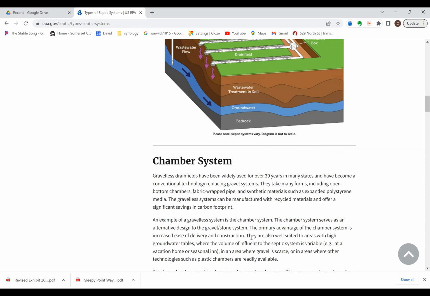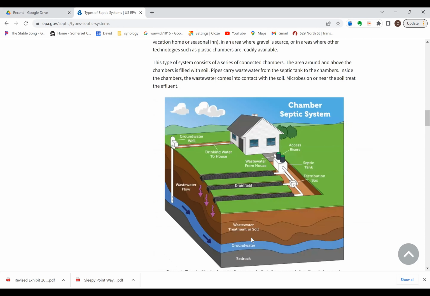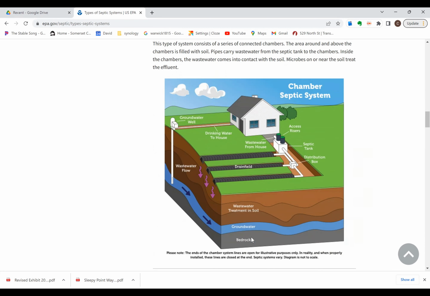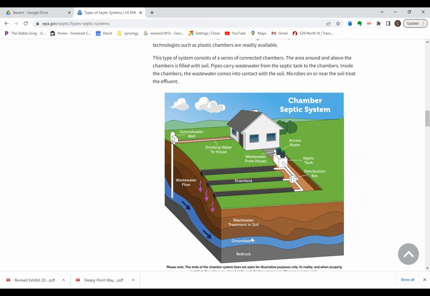And then we have a chamber system, which is going to be a corrugated pipe system. Same concept. It's still a leach field. It's just a different type of pipe. It's a different design.